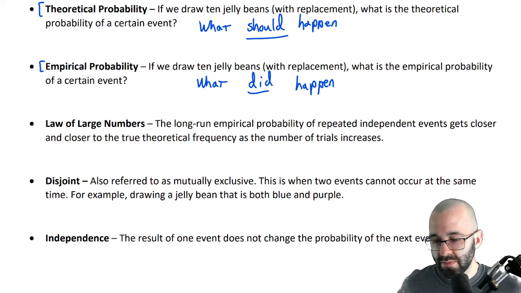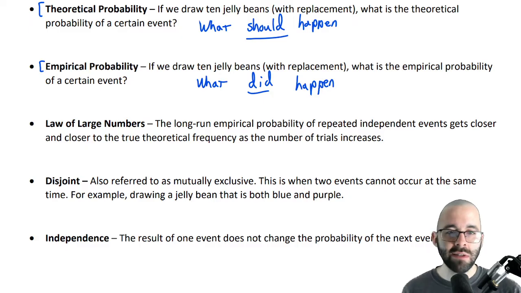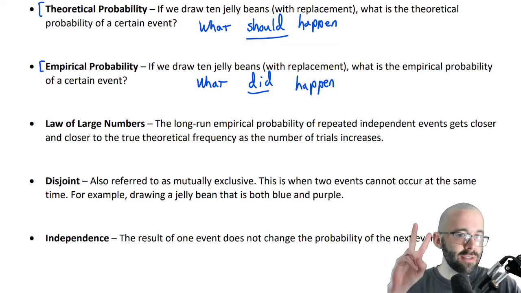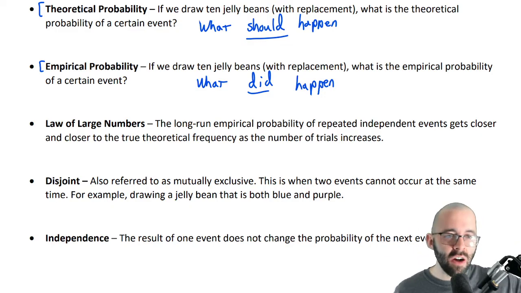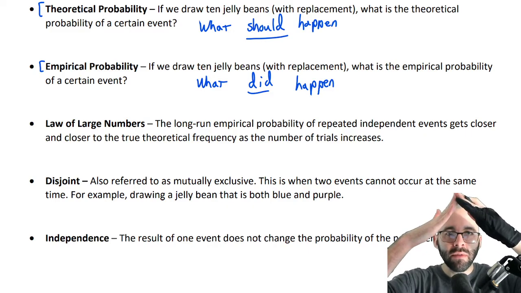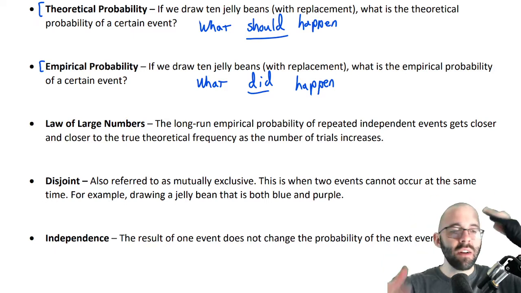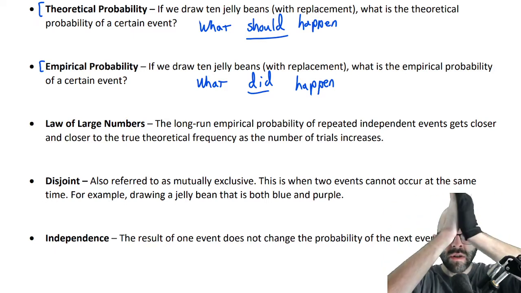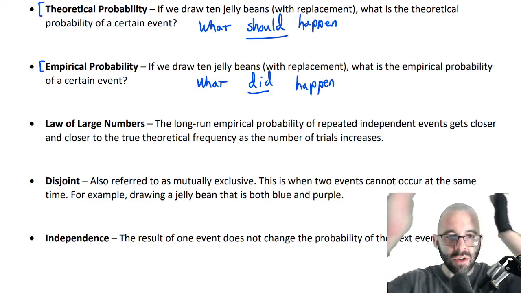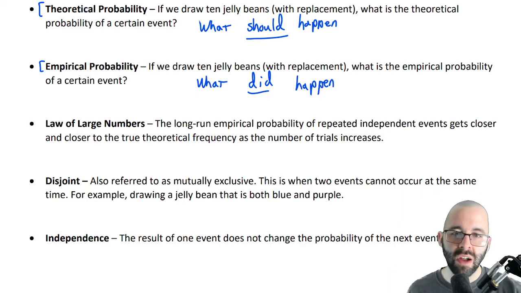So these other ones are going to pop up in future videos, but the law of large numbers basically just says that the more and more you do something, as long as they're repeated independent events and a couple other things happen, as long as everything behaves nicely, then in the long run, empirical probability will meet up with theoretical probability. As time goes on, as you do more and more experiments, empirical will start matching the theoretical. It'll get closer and closer and closer. We'll talk about the law of large numbers more later on in this class.